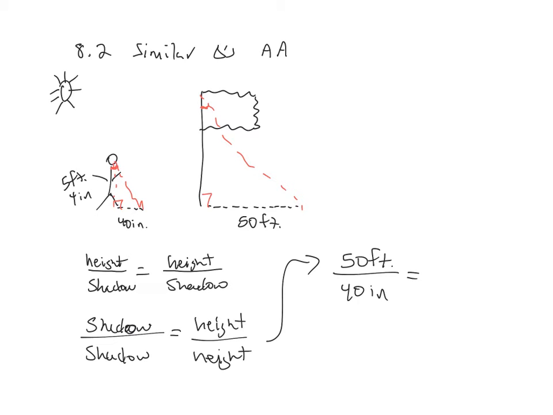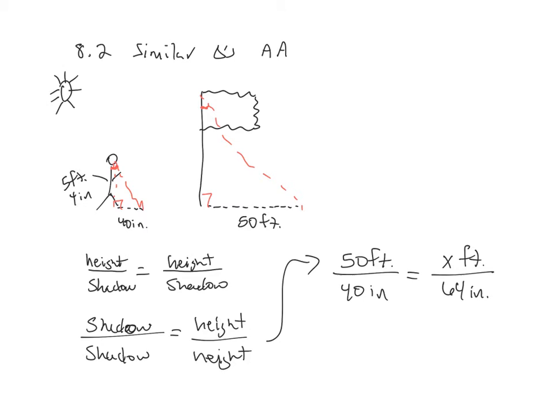And I'll explain that in a minute. And then the height of the flagpole is X feet, I don't know. And then your height, well, 5 feet 4 inches, we need to convert that to just inches. So 5 feet, 5 times 12 would be 60, plus 4 would be 64 inches.